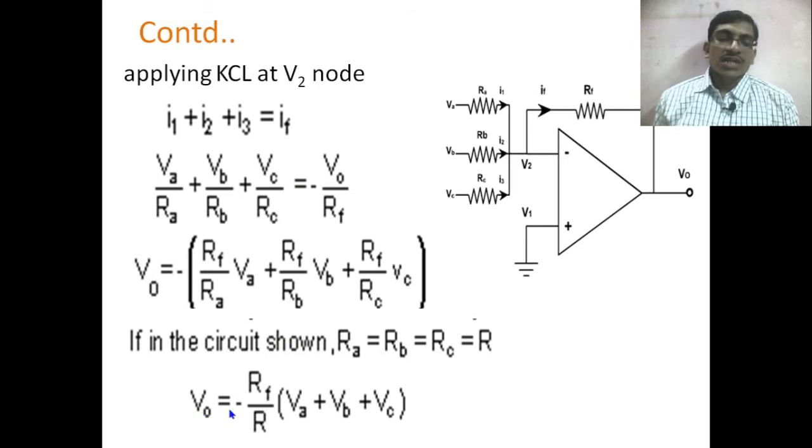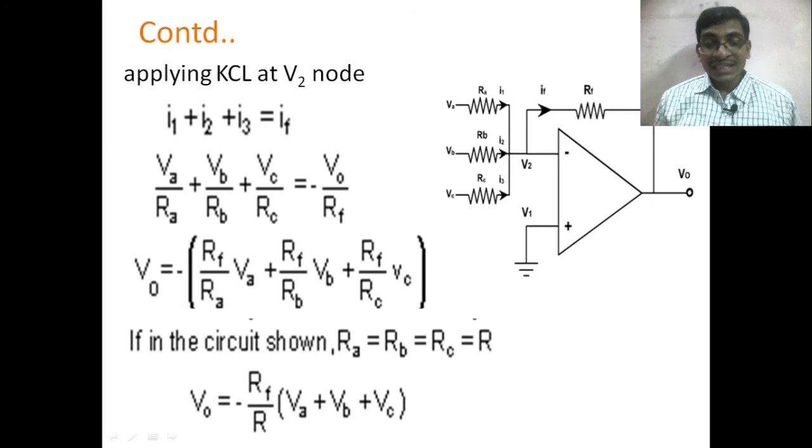So, V0 is equal to minus of RF by R into VA plus VB plus VC. This is the output voltage equation for the operational amplifier, which is the gain of the operational amplifier multiplied by the sum of the three input voltages VA plus VB plus VC.